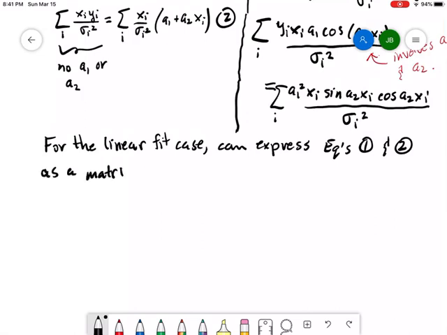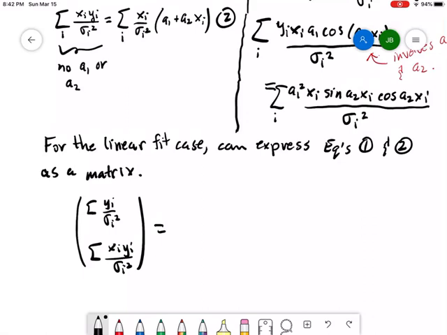That is, we could write down a single equation that contains both 1 and 2. And what that looked like is that for the left-hand side of equation 1, we had yi over sigma i squared. And for the left-hand side of equation 2, you can see it at the top of the screen, we get xi yi over sigma i squared. And so that's the left-hand side of equations 1 and 2.